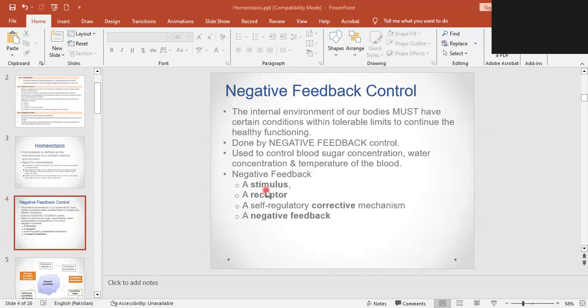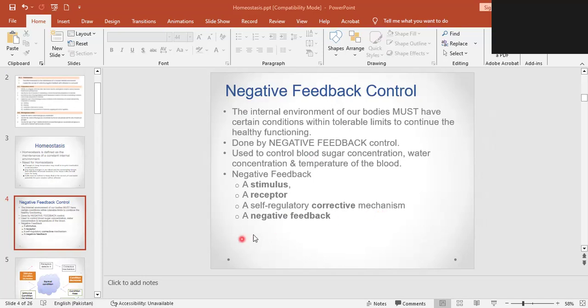So the stimulus was the temperature. Okay, my skin was a receptor because it received the message, and there will be some mechanism which will fix that mistake or fix that fluctuation which has occurred. That is known as a self-regulatory corrective mechanism. When it is fixed, my body temperature went back to its set point.